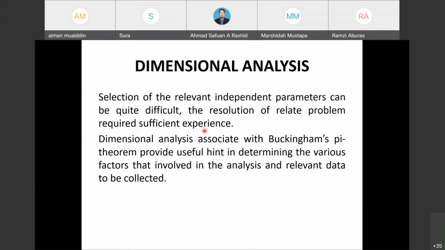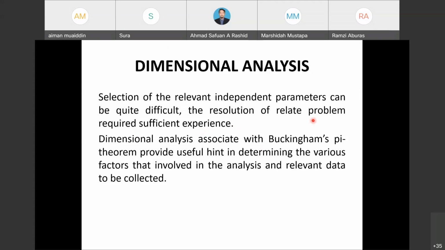For example, person A might produce a different dimensionless equation from person B, and it may depend on the interest of person A and person B. I will explain later.